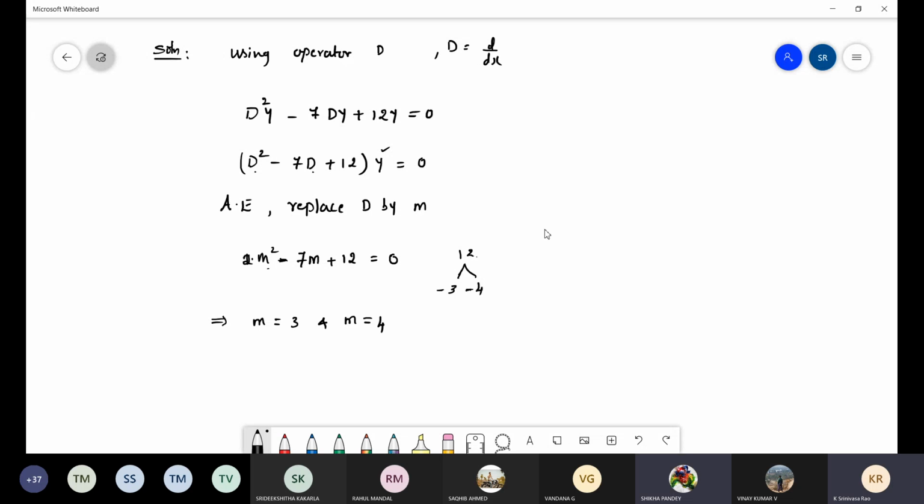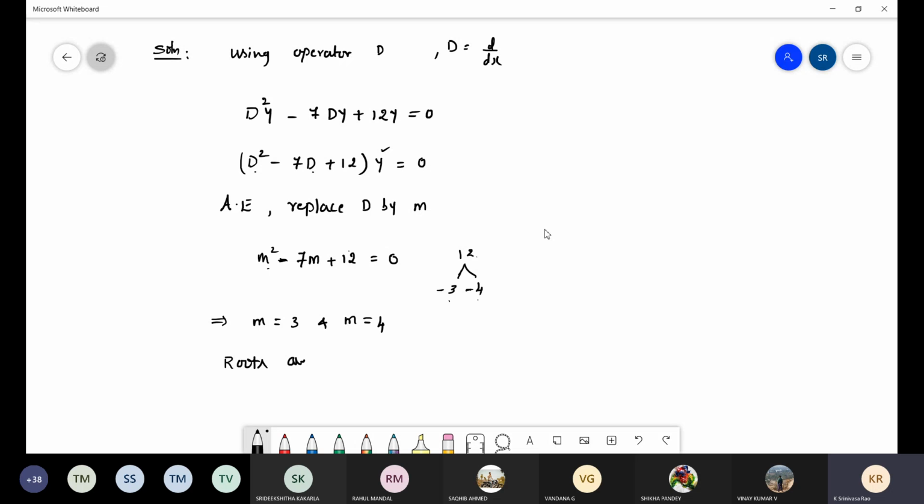You have to multiply: 2 into 12, 24. In that case, you can't write the opposite sign directly; you have to go step by step. Just remember the coefficient of m square should be 1 only, then I can write directly. Whatever numbers we find, we write the opposite sign: minus becomes plus, plus becomes minus. So write this line, it is very important.